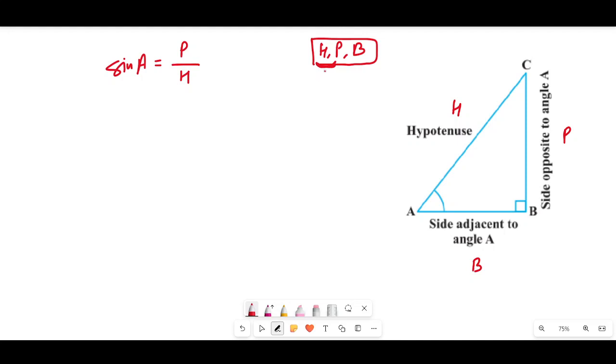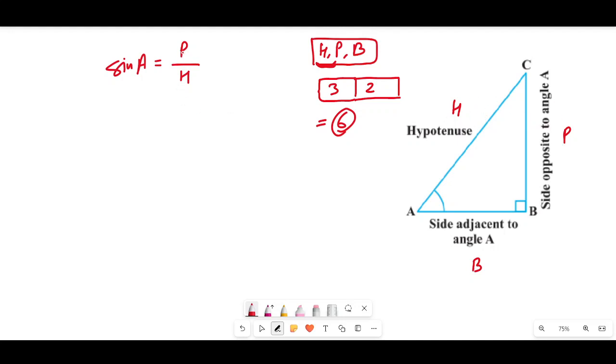Here there are three choices, we can take any, and after choosing one, two remain. So we get 3 times 2, that is 6 choices to make a ratio.